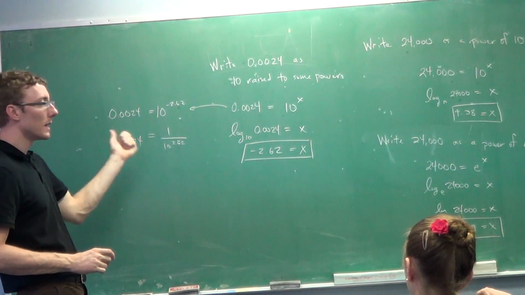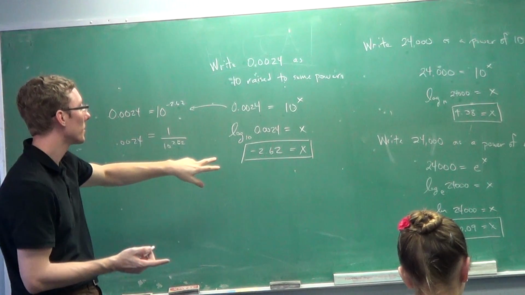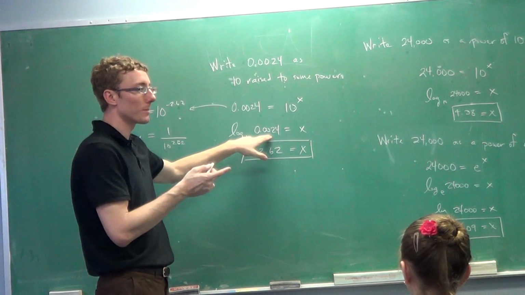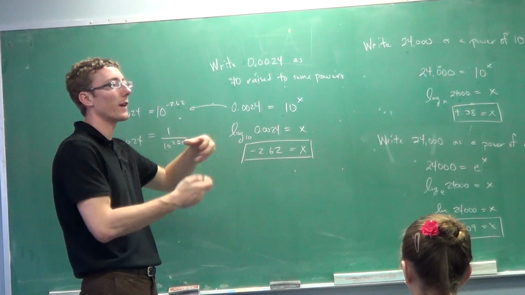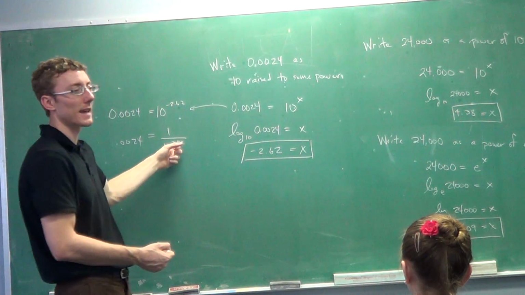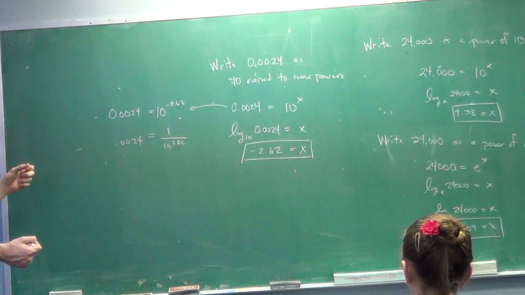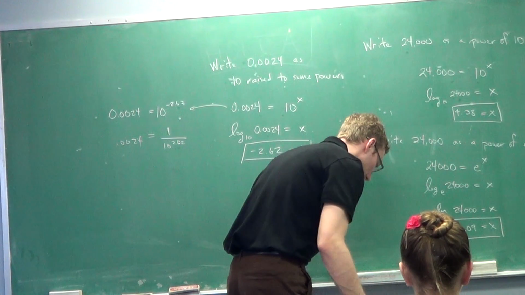Makes sense, right? The fact that we got a negative is okay, because the number we were asked to make was less than 1. And if you're going to have a number less than 1, you need a fraction, and to make the fraction with an exponent, you need a negative exponent. Kosher? Sweet. You can put that lesson to rest.